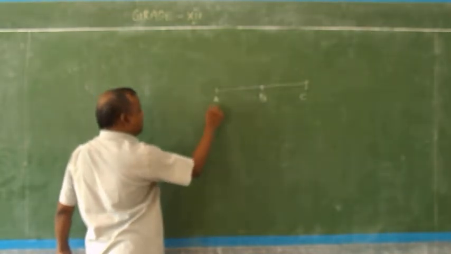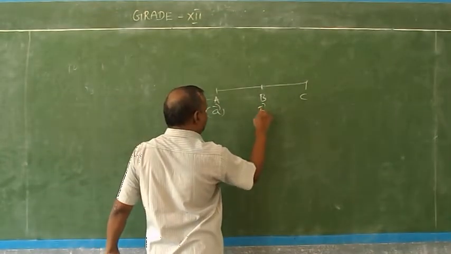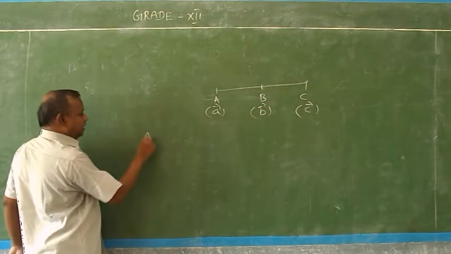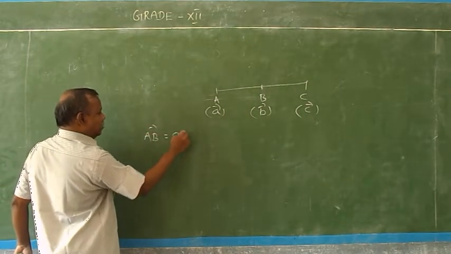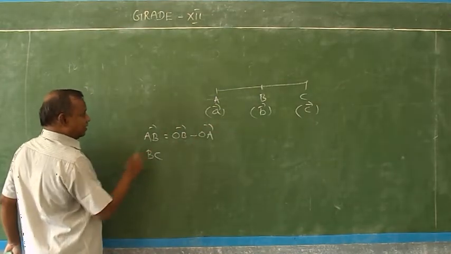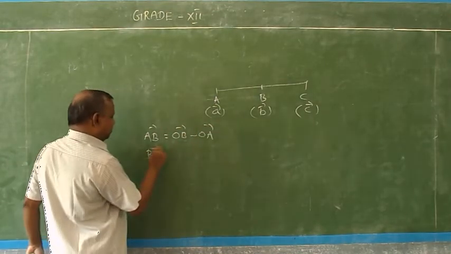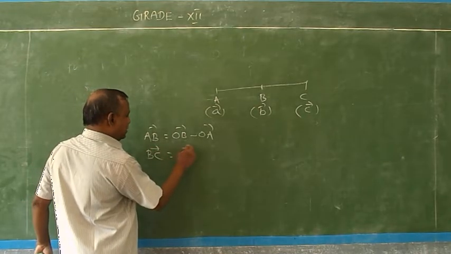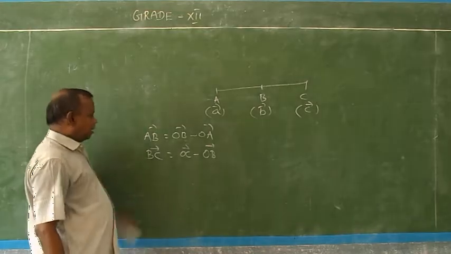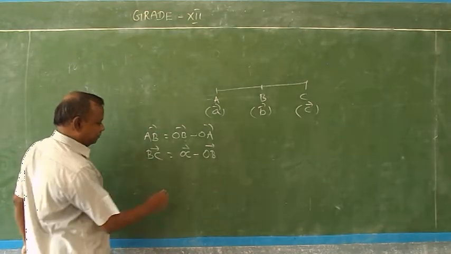You will be given position vectors of A, B and C. Find AB vector, that is OB minus OA. Find BC vector, that is OC minus OB. Take the cross product between AB and BC.